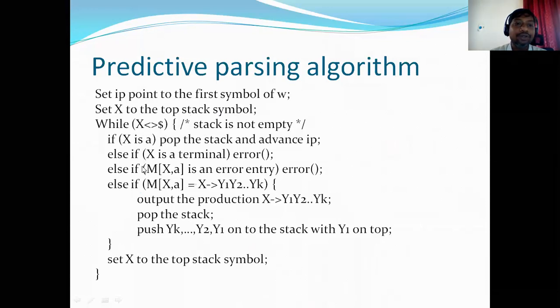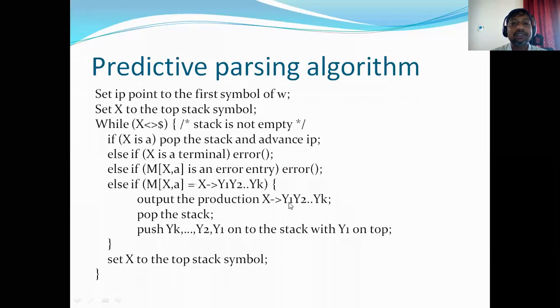In the loop, if X is a, pop the stack and advance input. Else if X is a terminal, call the error. Else if the entry corresponding to X comma a is an error entry, call the error routine. Else if X comma a has a production rule, then apply that production rule.